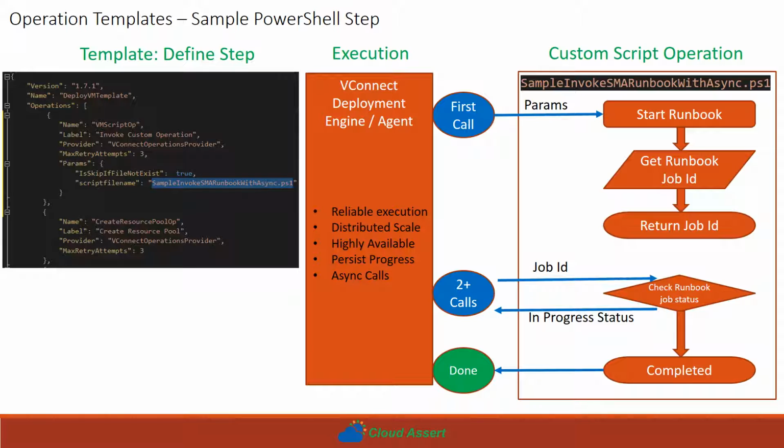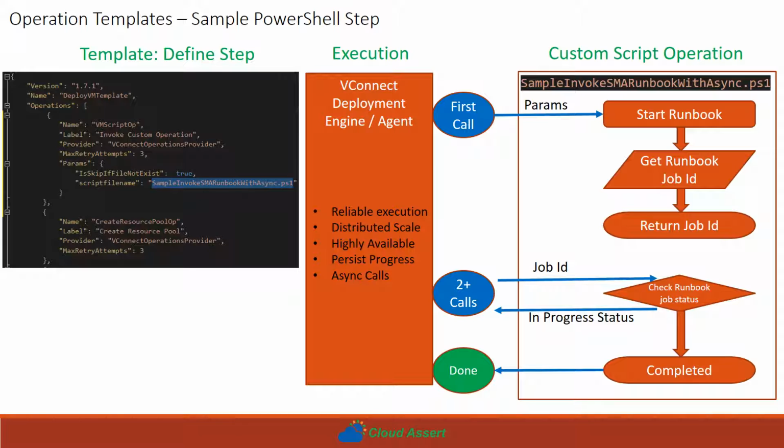The deployment engine combined with the operations template provides scripts and operations to do asynchronous calls for long-running external operations. To give a quick idea about the script that we are going to see, which invokes the runbook, the script is divided into two parts.